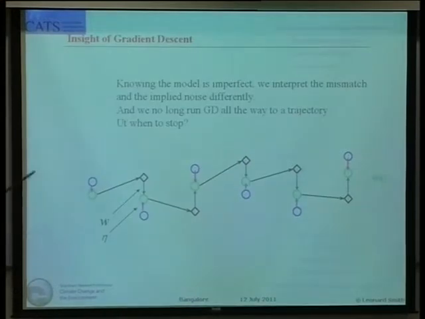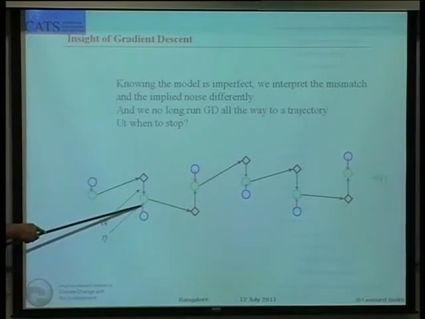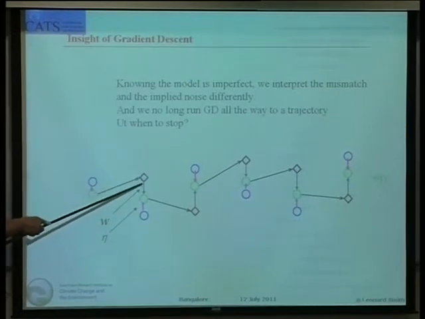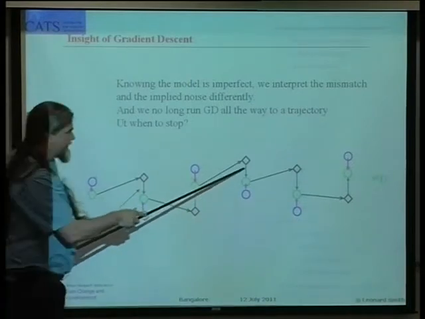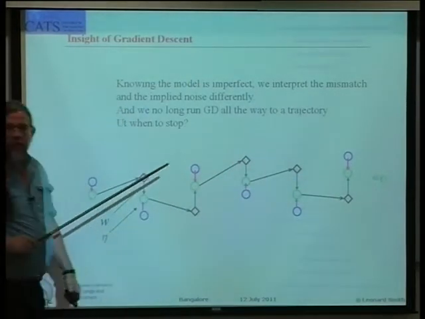So the insight of gradient descent is just to stop. At some point, we leave these omegas, and we actually look at what this noise level is. And if we have a good idea of what this should be, we can actually use that. All of these tell us something about what's wrong with our model.